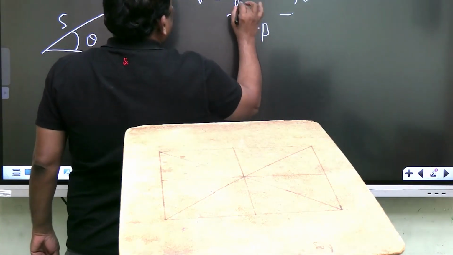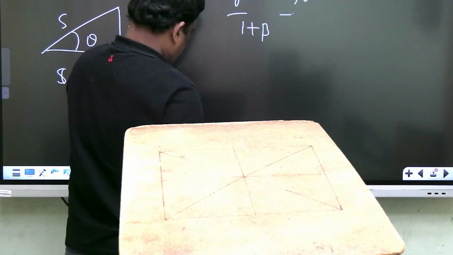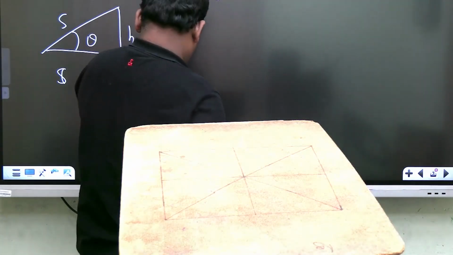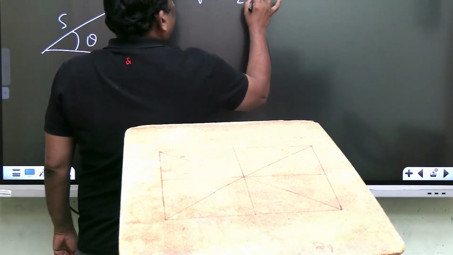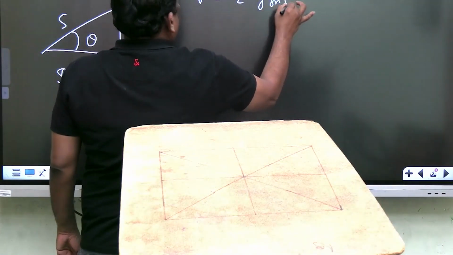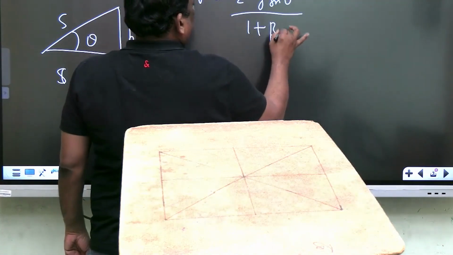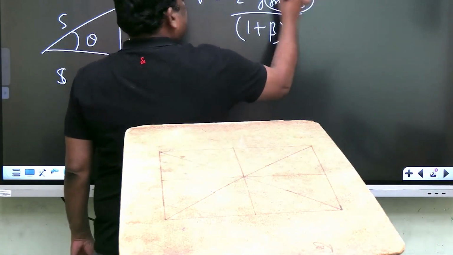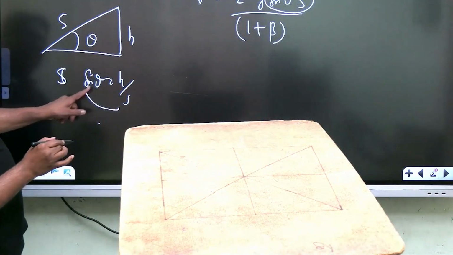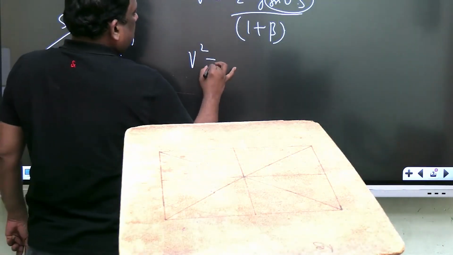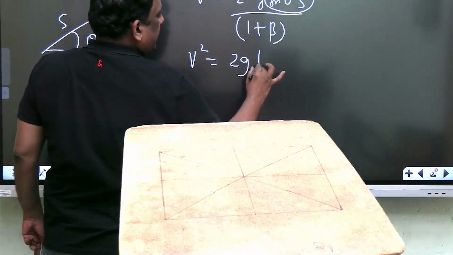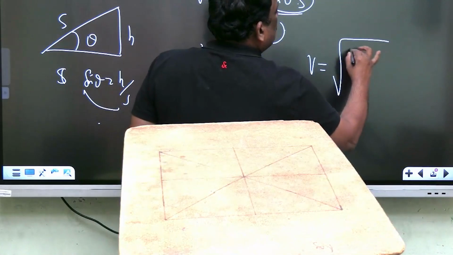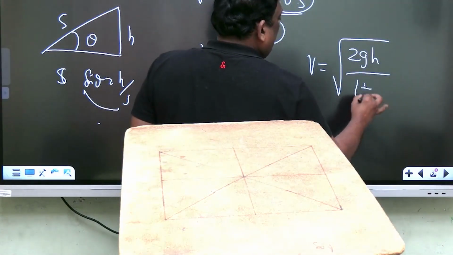I will erase this, don't worry, take it easy. v square is equal to 2 into g sin theta by 1 plus beta into s. s sin theta is h. So v square is equal to 2gh by 1 plus beta, or v is equal to root of 2gh by 1 plus beta.